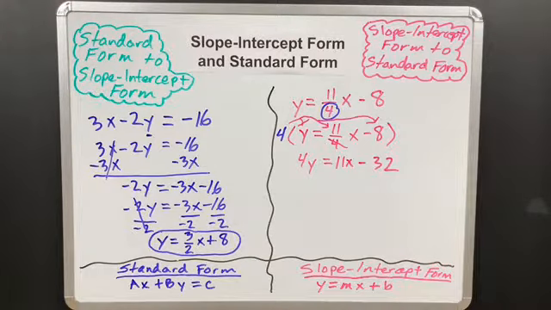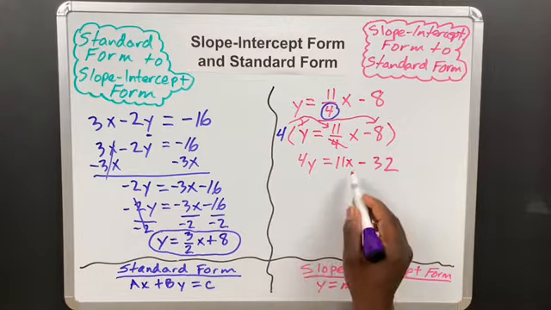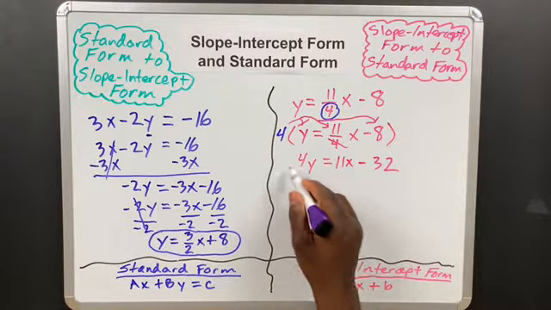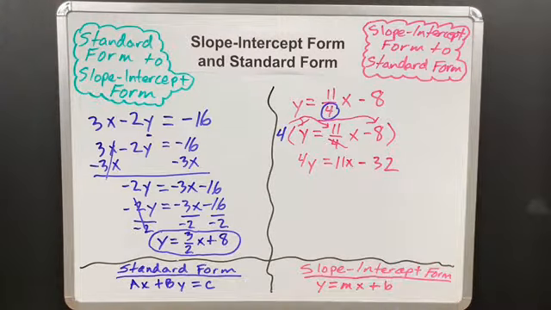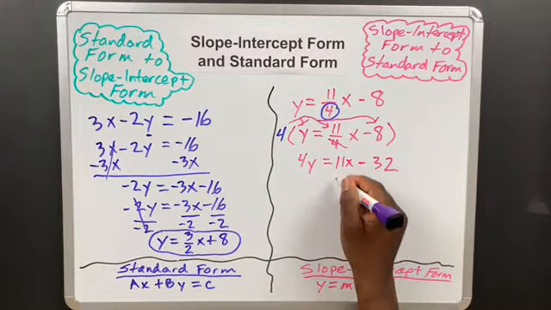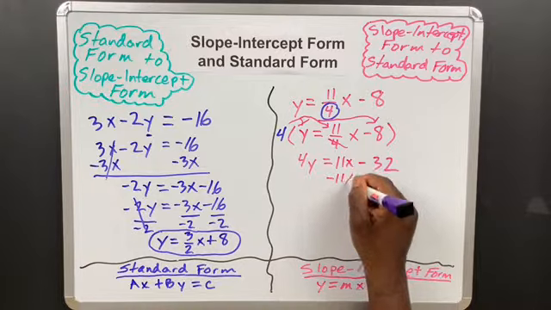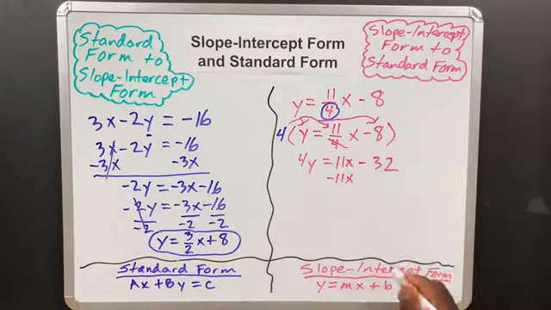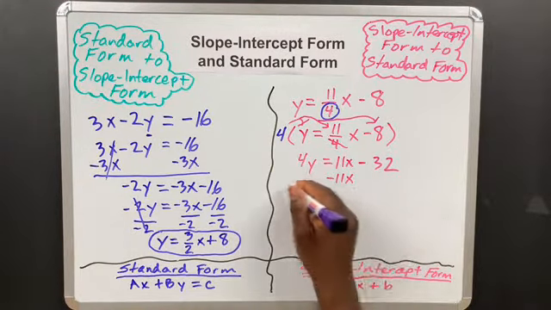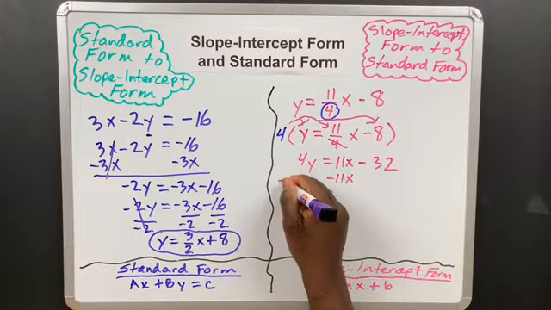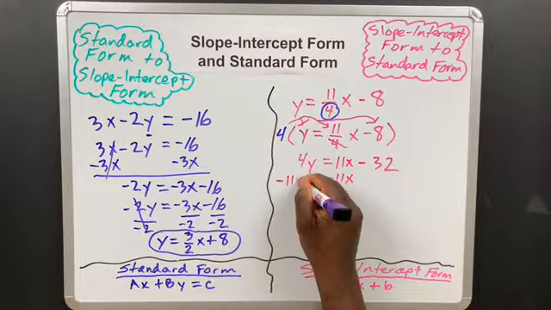Now, we do not have the x over here. We need it over here on the left side. It's on the right side of the equation. So let's go ahead and subtract 11 times x, which is the opposite of positive 11 times x. Whatever you do to one side, you do to the other side of the equation. So that's minus 11x.